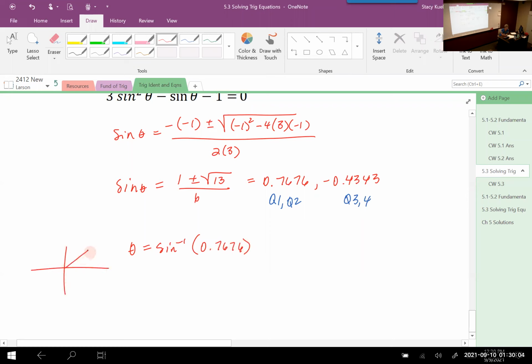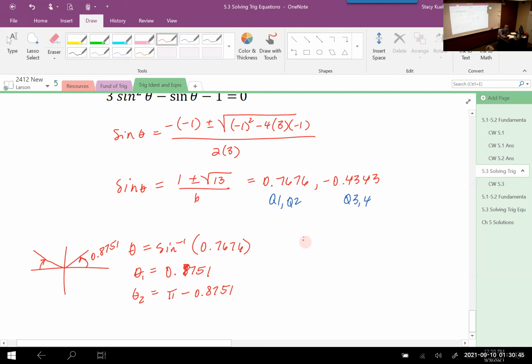And your calculator returns what? 0.8751. Okay, so this reference angle here is 0.8751. That's the first quadrant. How about the second quadrant? How am I going to get that angle? Pi minus that. Pi minus 0.8751. Remember reference angles?